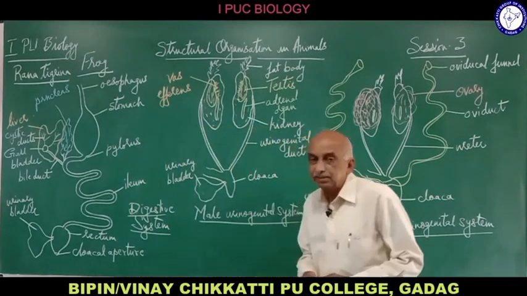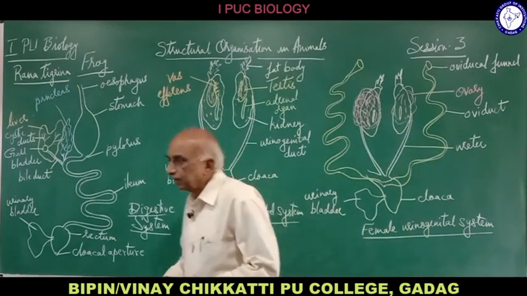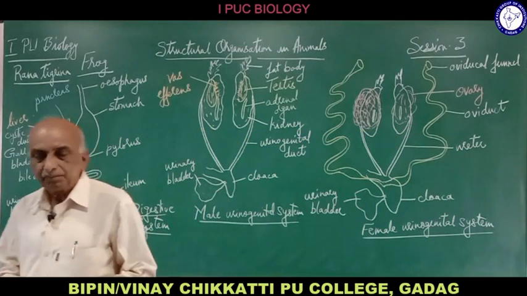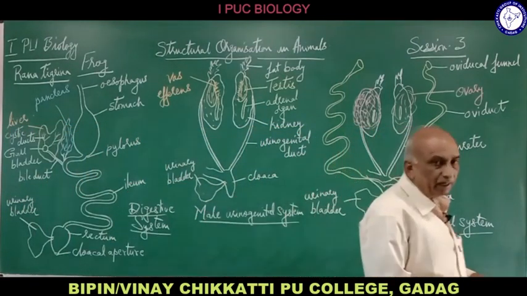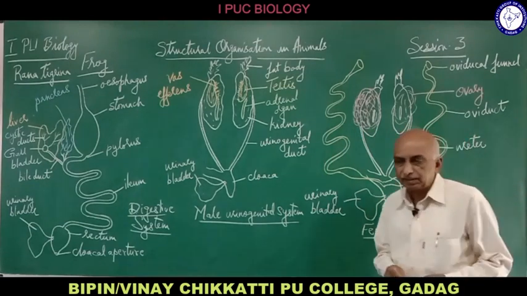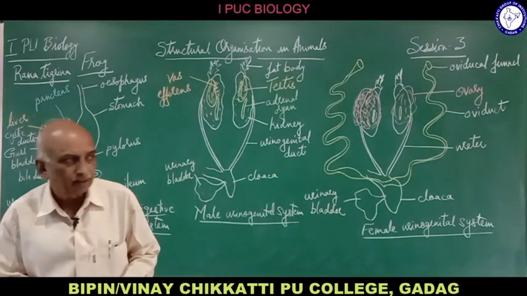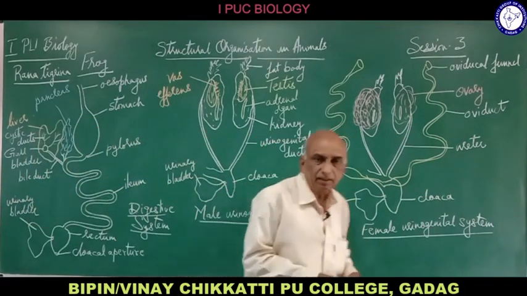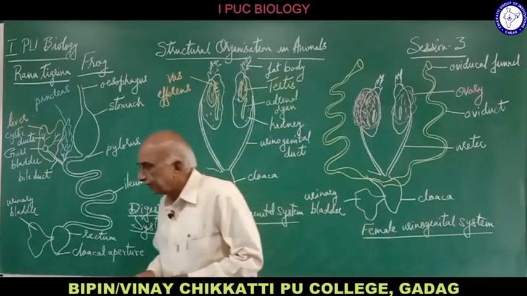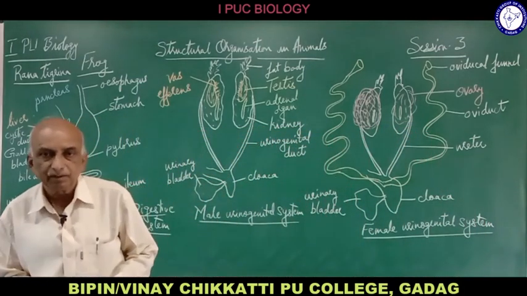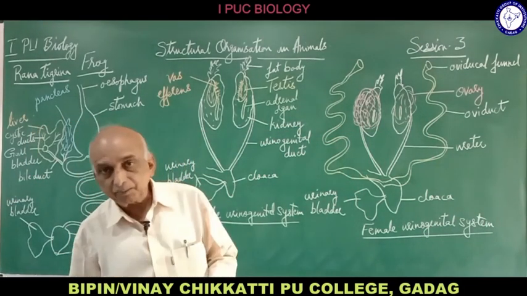Now when the frog is on land, breathing takes place through the nostrils, there is a pair of lungs inside, and there is exchange of gases in the lungs, and that is pulmonary respiration as in case of human being. So these are the two types of respiration: when the frog is underwater, cutaneous respiration, and when it is on land, pulmonary respiration.